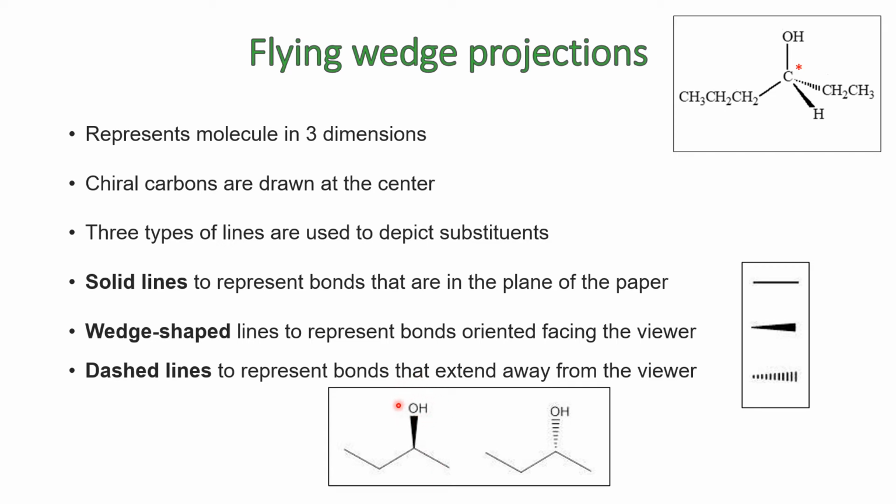The OH group in one isomer is shown wedge-shaped facing the viewer. In another isomer, it is going away from the viewer, so it is shown by the dotted bond. There will also be hydrogen, which is not important to be shown in this particular example, so that is not shown. Otherwise, if you are deciding configuration, like R and S configuration, if you are assigning all the 4 groups, then these 3 types of bonds need to be mentioned.